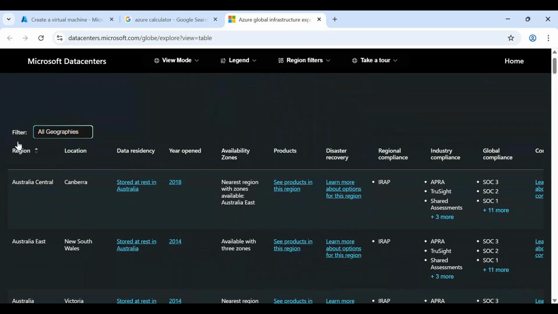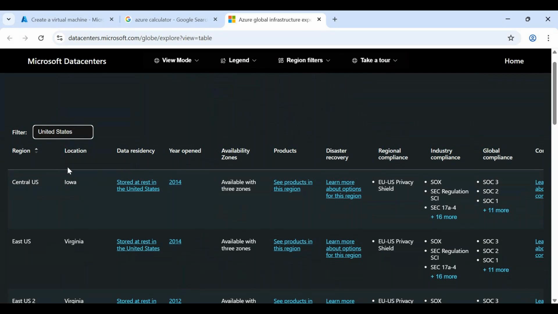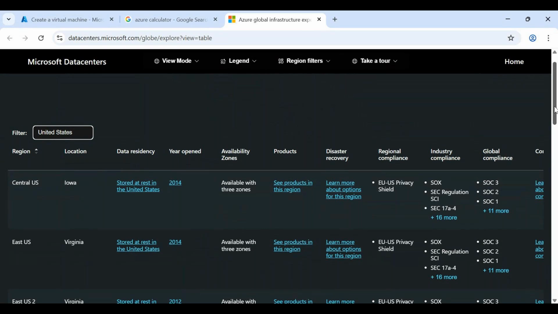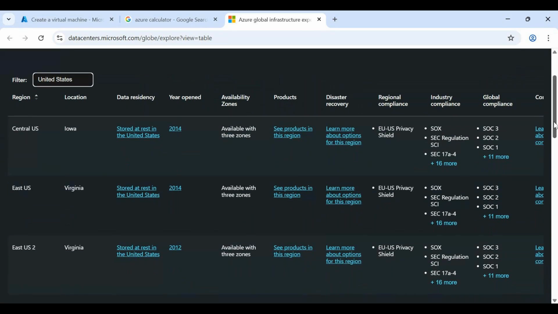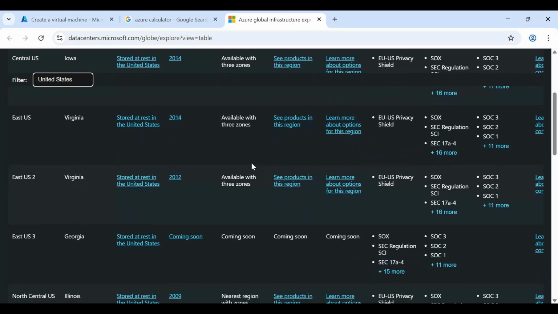Okay, you can see something called region and all, right? So when you click on this geography, for every country, you can go and check. Let me show a sample from the US itself. When I select this geography as US, you have the subcategories called regions. In the US itself, Azure categorizes it as central US and east US, and in east US itself they have three options: east US, east US 2, US 3.